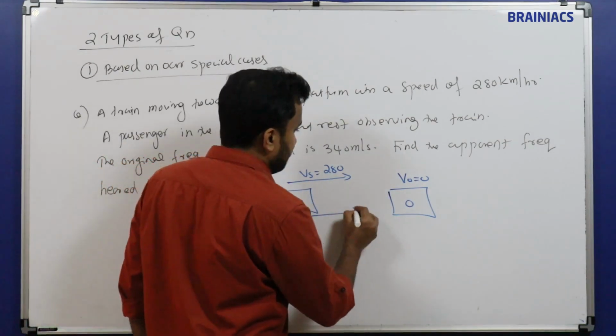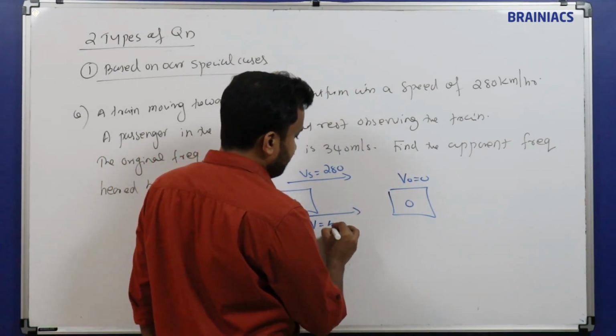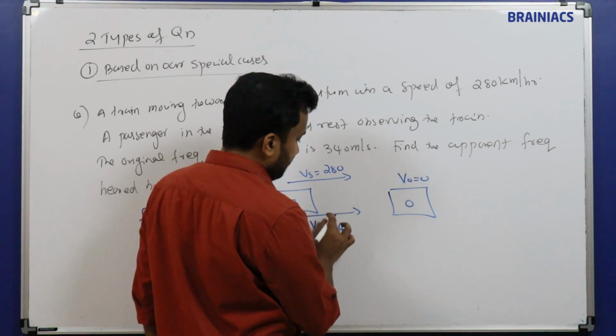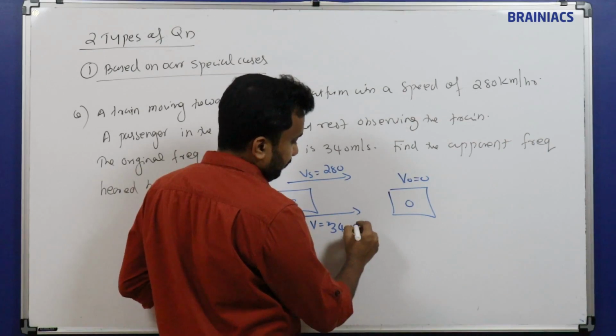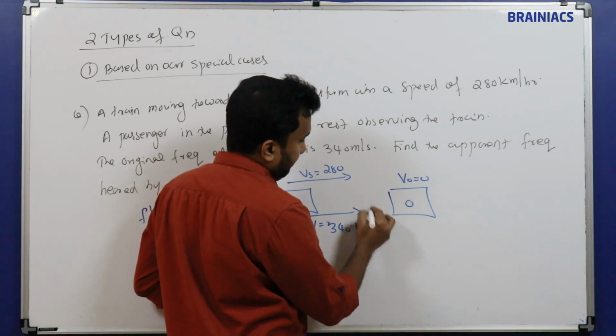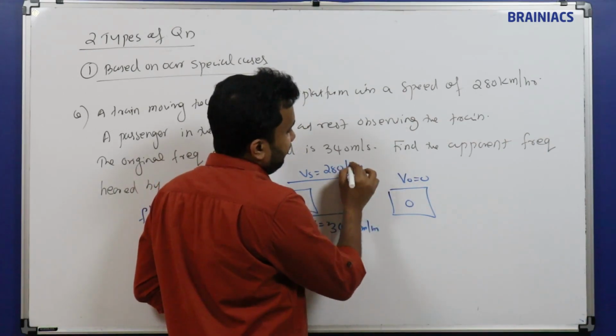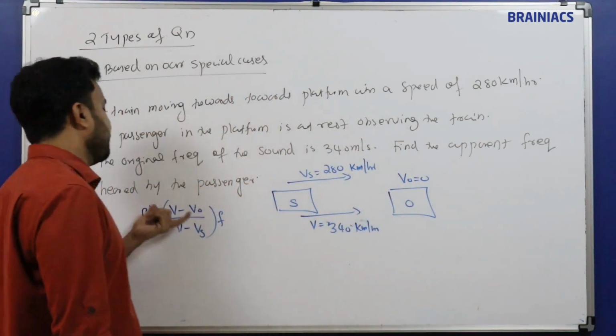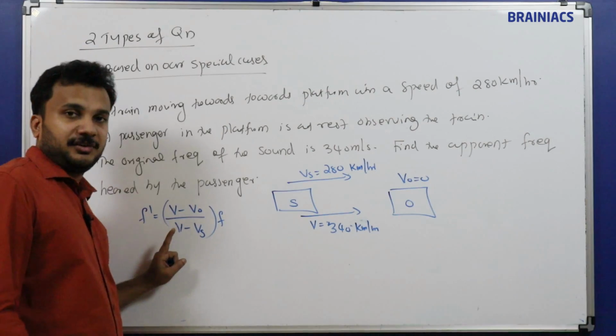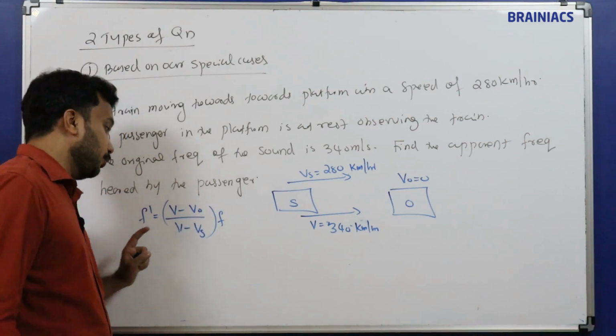And the sound is moving from the source towards the observer, 340 kilometer per hour. Everything is given in kilometer per hour, so you don't need to convert to meter per second, because both numerator and denominator have velocities in the same unit and it will cancel. So no need to convert.